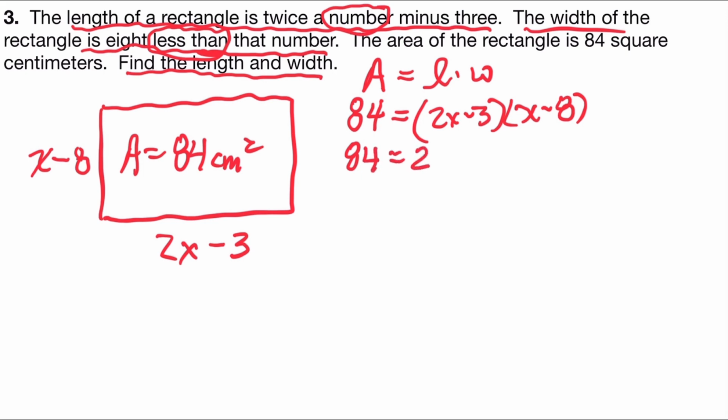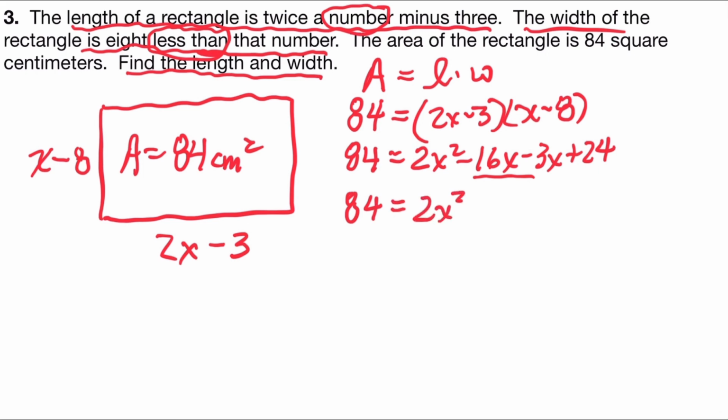2x times x is 2x squared. 2x times negative 8 is negative 16x. Negative 3 times x is negative 3x, and negative 3 times negative 8 is positive 24. I have like terms in the middle, so my equation would say 84 equals 2x squared minus 19x plus 24.